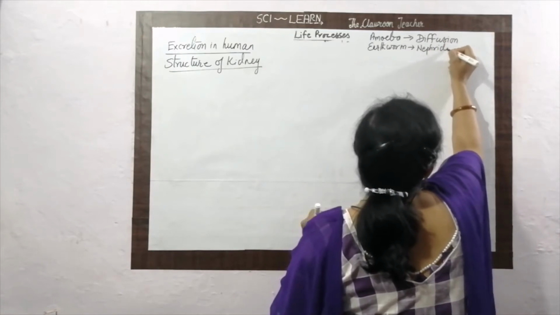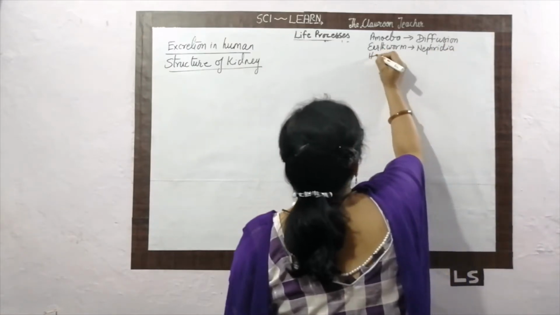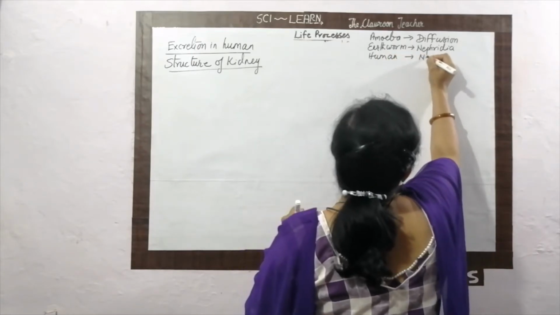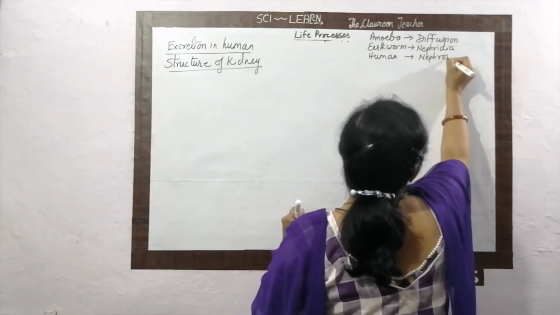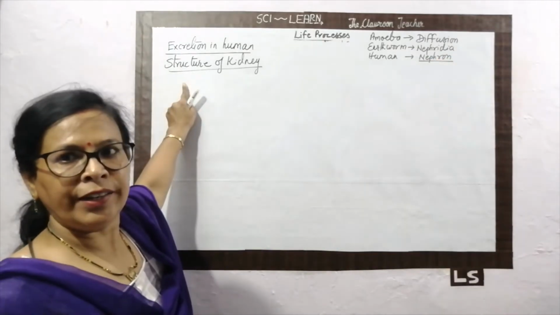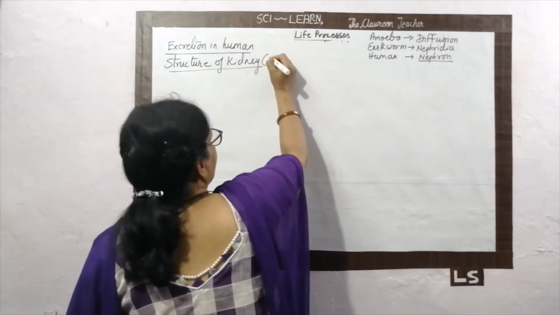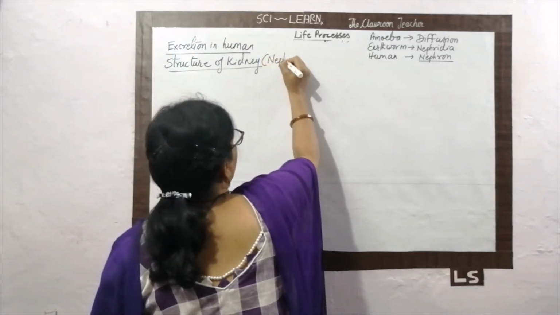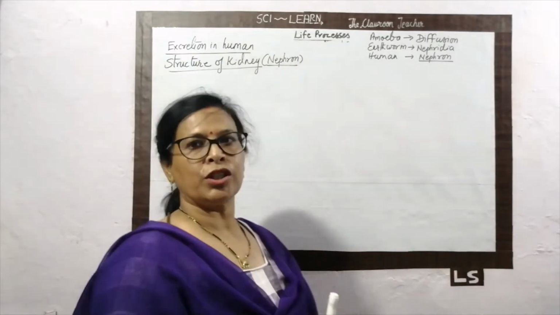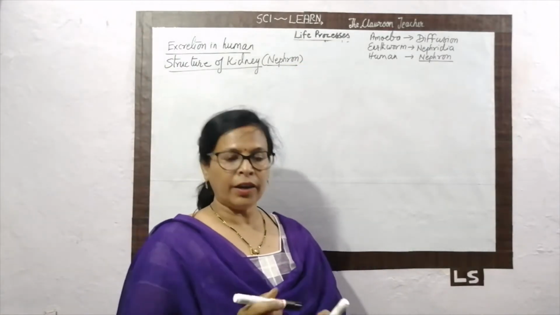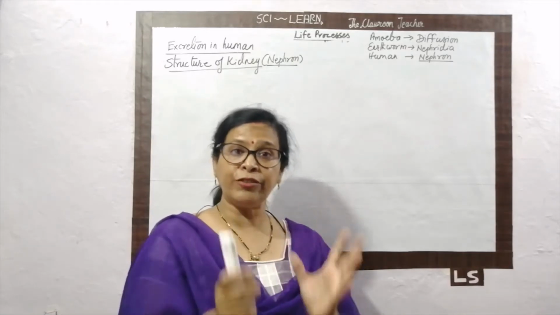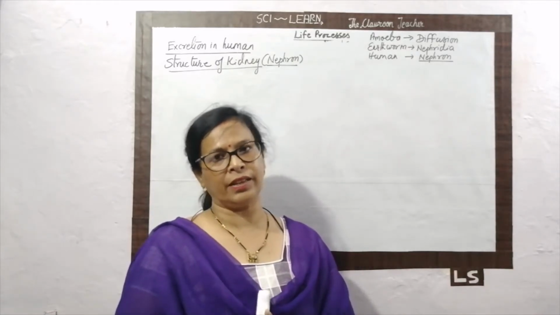And in human, it is called the nephron. So when we are talking about the structure of the kidney, we are actually talking about the nephron, the unit which performs the process of excretion. A network of nephrons is present inside the kidney.